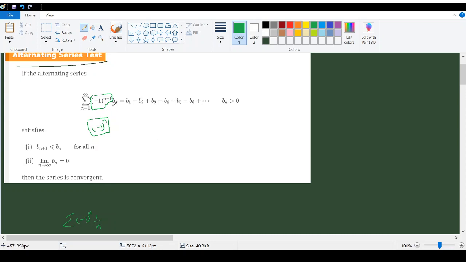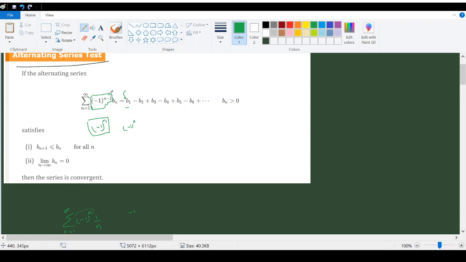In my example, I have written the interchanging property of 1 and -1 as to the power n, and in the original statement you have n minus 1. The difference is that when you write it like this and substitute n equals 1, you will get -1 for the very first term. But in this case, when you substitute 1, you will have -1 to the power 0, so you will have plus 1 as the very first term.